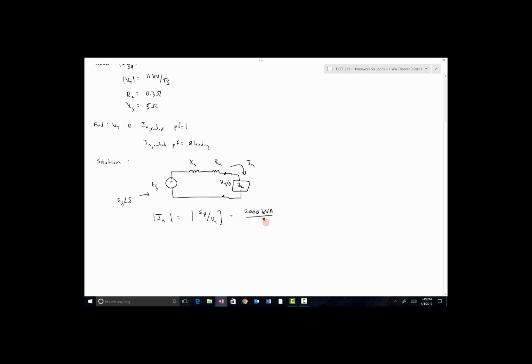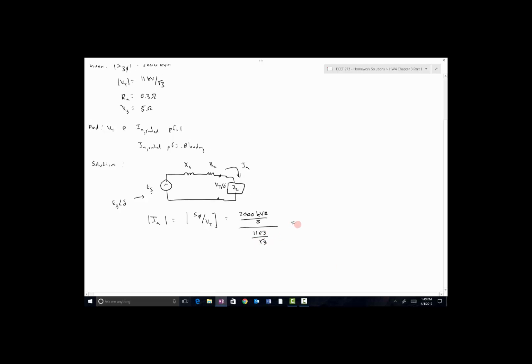I need to put that on a per phase basis, so I divide by 3. And then I need to figure out what that terminal voltage was. It was 11 kilovolts, but I need that as a phase quantity. So the magnitude of IA when it's the rated current is 104.973 amps. So anytime it says rated current, that's what it means. It's 104.973 amps, and we got that from rated power and rated voltage.